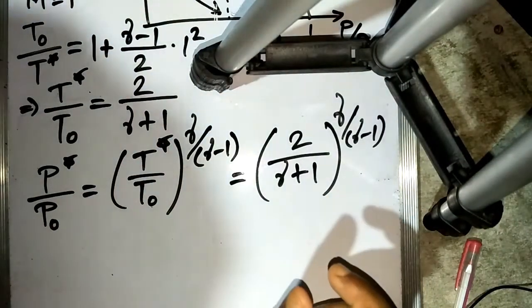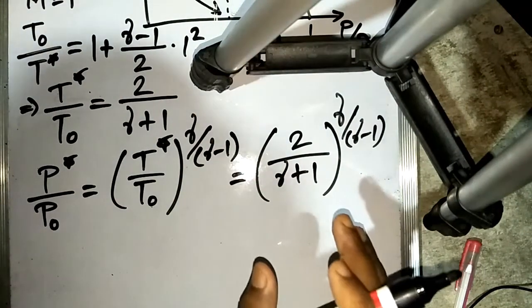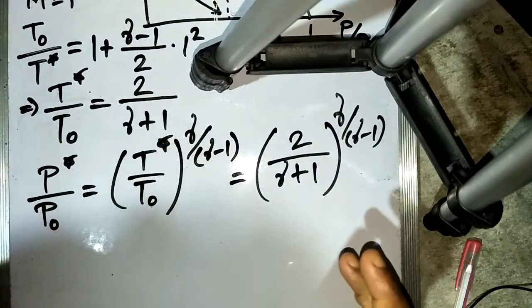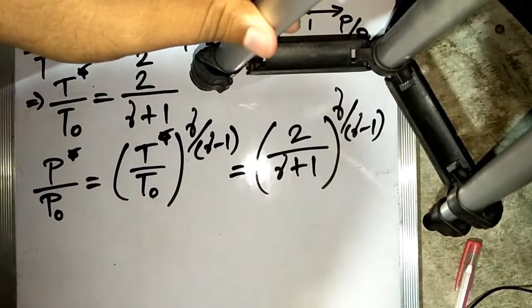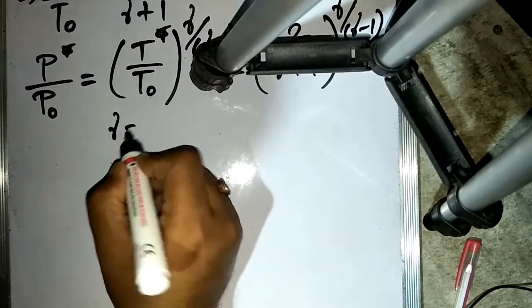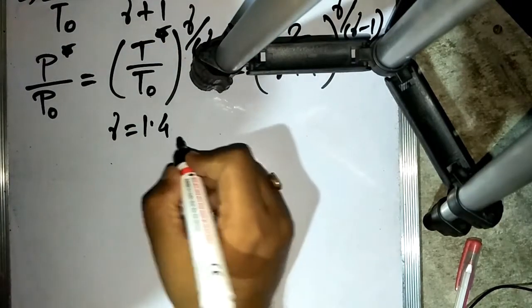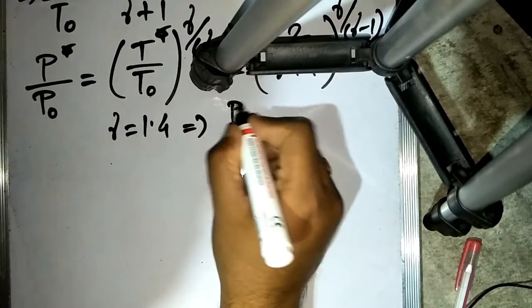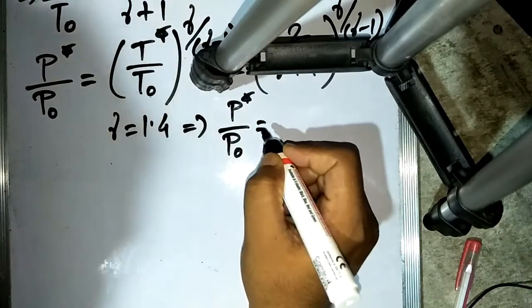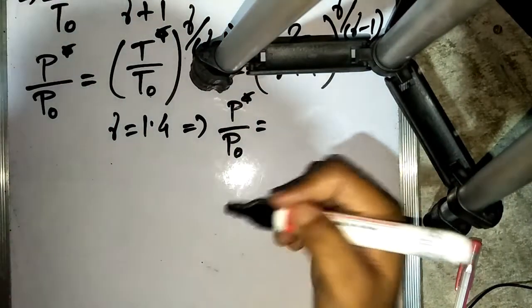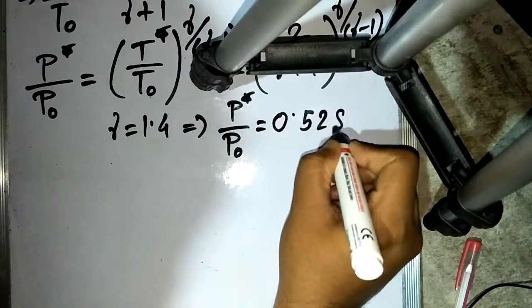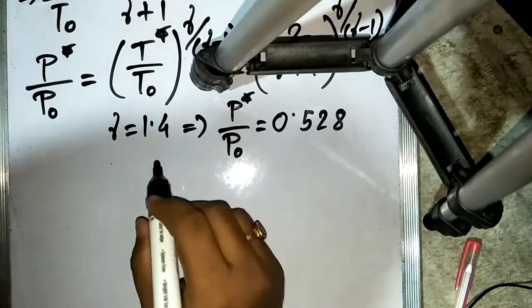Since gamma is the specific heat ratio, for air the value of gamma is 1.4. Substituting the gamma value, we get P star to P0 equal to 0.528 for air.